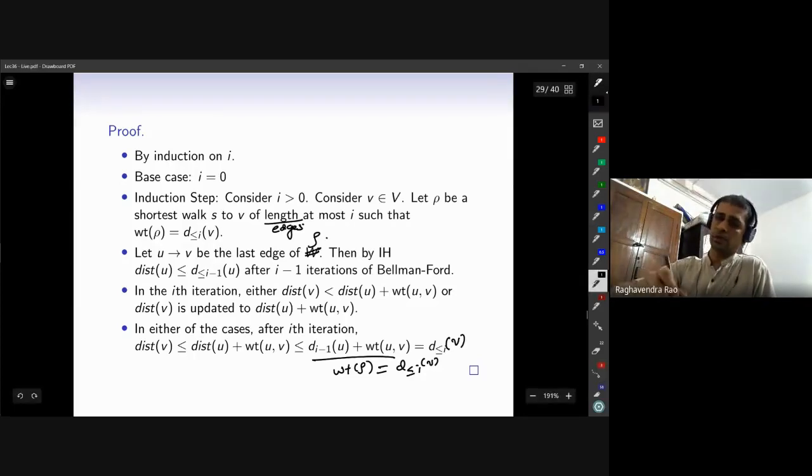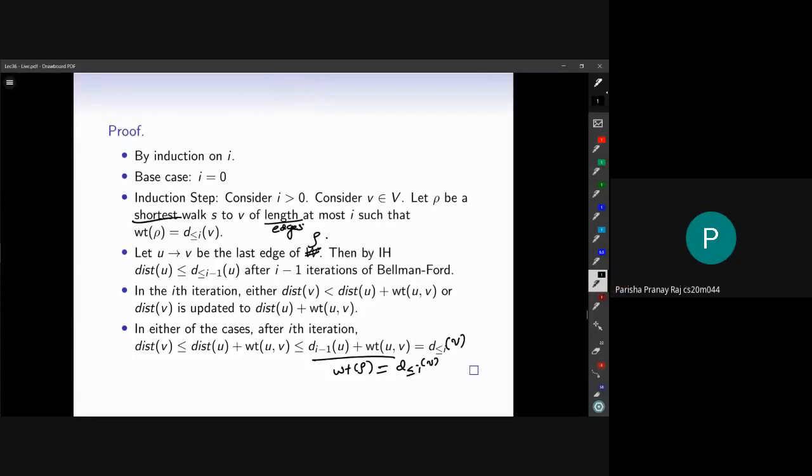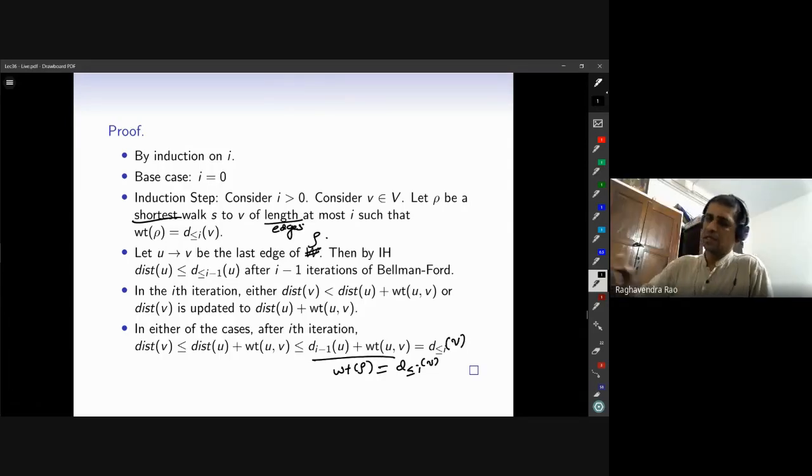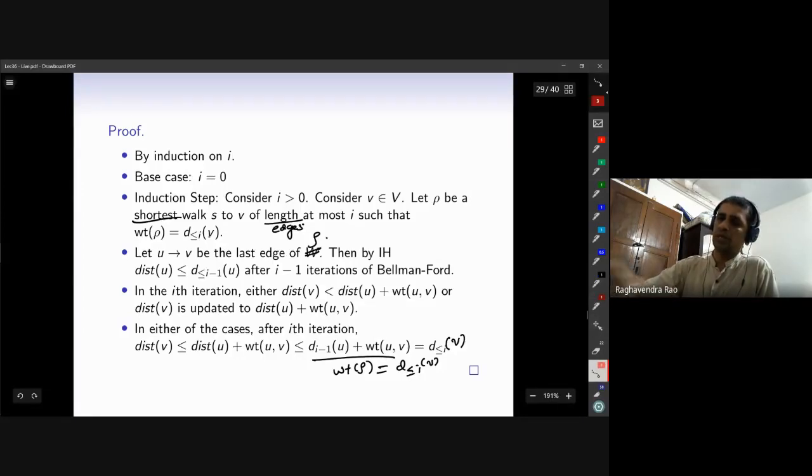The shortest walk is important. Otherwise, this equality of d_{i-1} of u would not have held. So that is a problem. If you take an arbitrary path or arbitrary walk rho, this won't work. So you need a shortest walk.